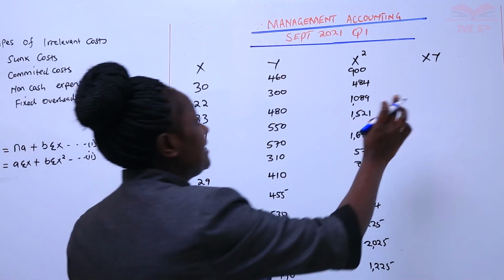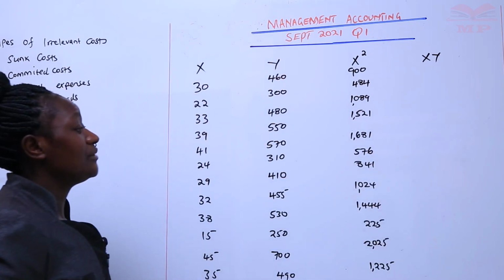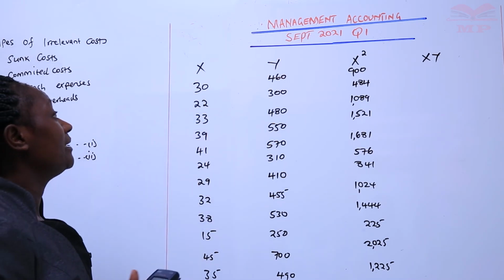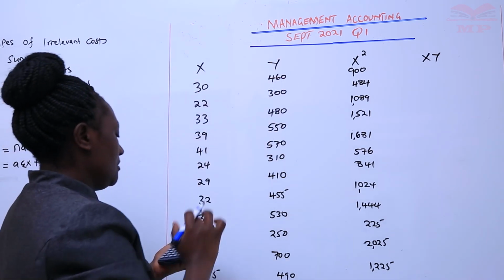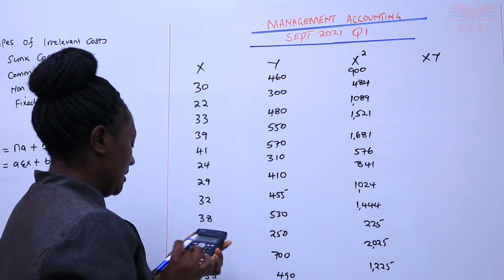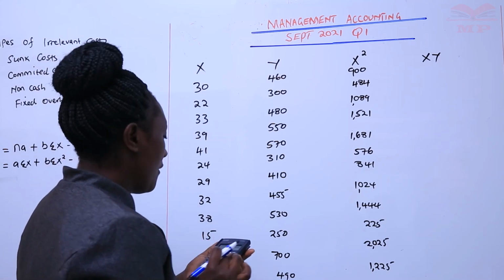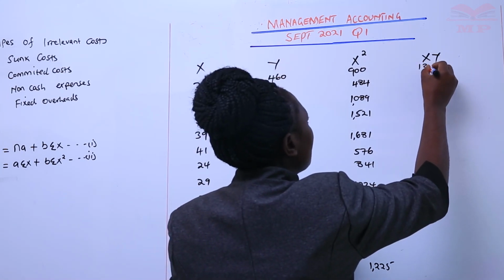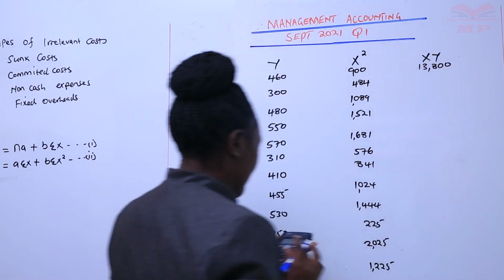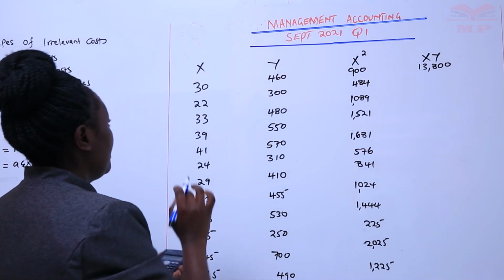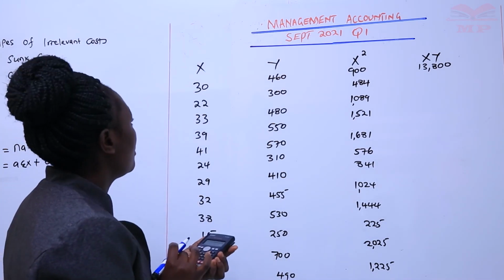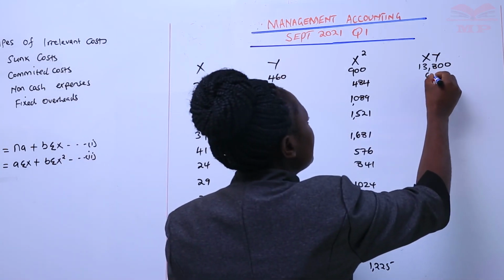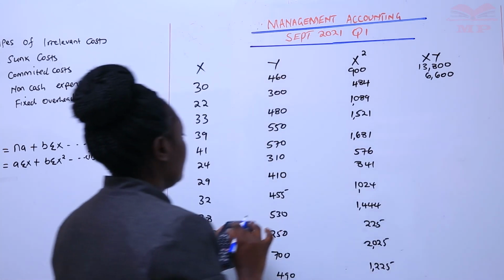And then we calculate xy. xy is where we are simply multiplying the values of x and the values of y. So for our first one, we are taking 30 multiplied by 460, and this will give you 13,800. Then the second one is 22 multiplied by 300, which will give us 6,600.